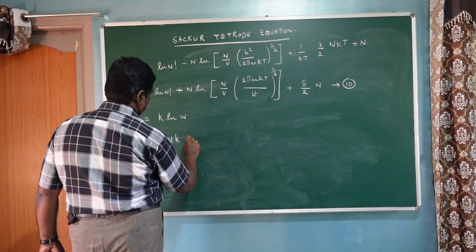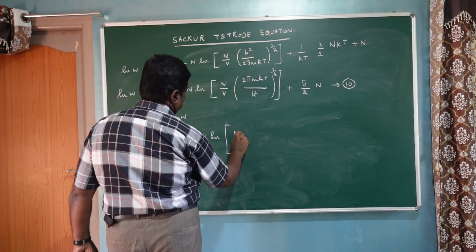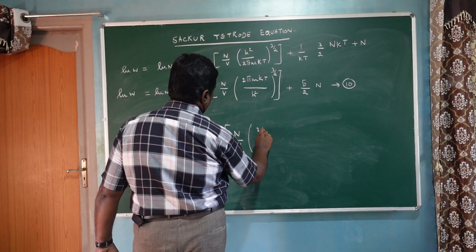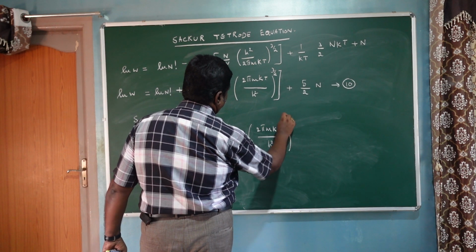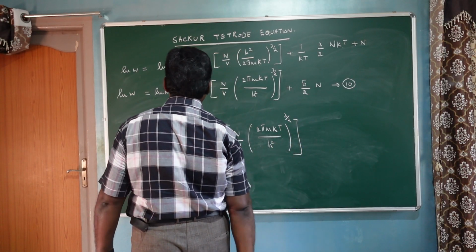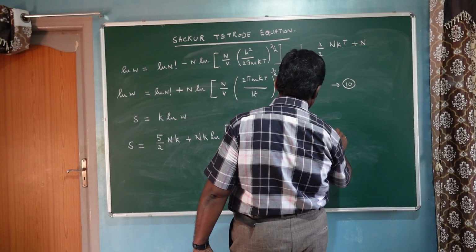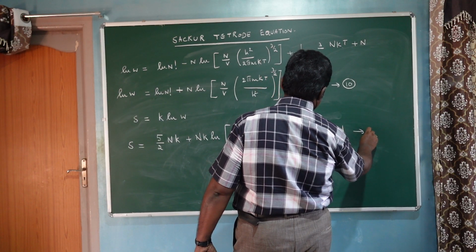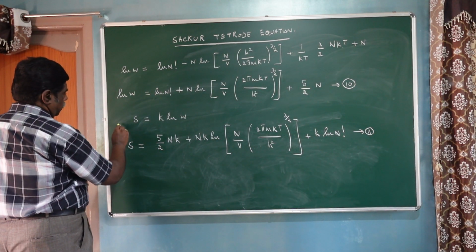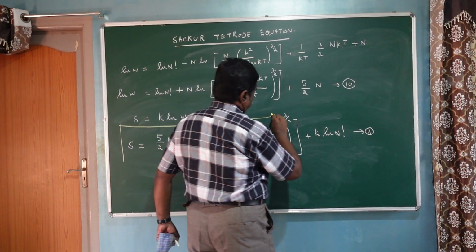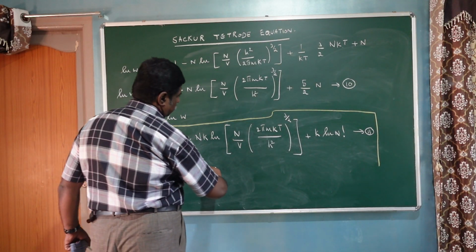Then take this term nk ln n by V 2 pi m kT divided by h square power 3 by 2, plus k ln n factorial. This is our Sackur Tetrode equation.